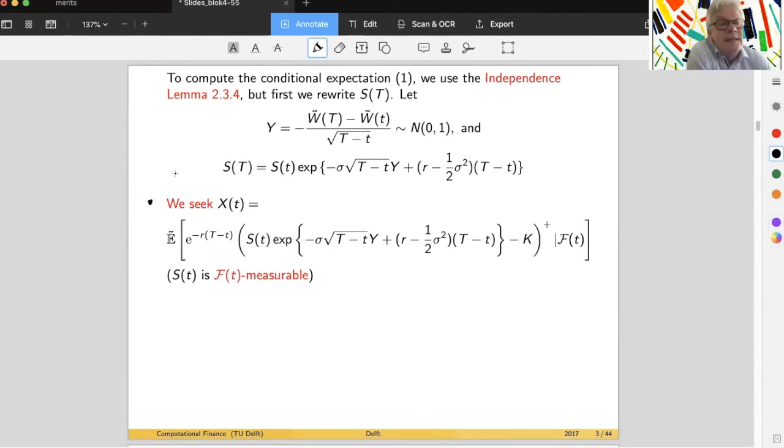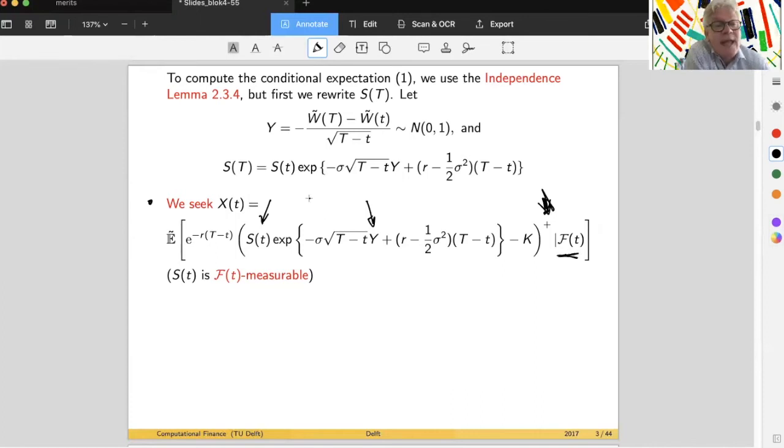That is the expectation under the P̃ measure of e^(−r(T − t)) times (S(t) e^(−σ√(T − t) Y + (r − ½σ²)(T − t)) − K)⁺, that is, the maximum of this and 0, given our knowledge level, our filtration up to little t.